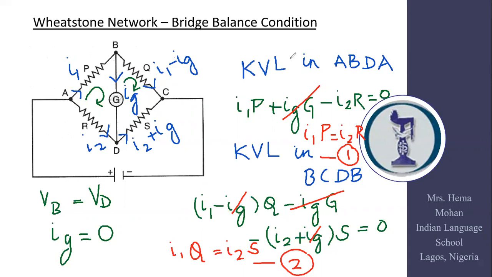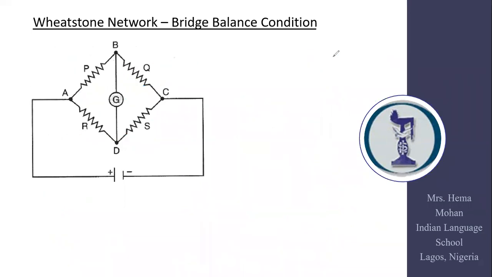I1 gets cancelled on the left hand side while I2 gets cancelled on the right hand side, and the division results in our bridge balance condition, which is P by Q is equal to R by S.